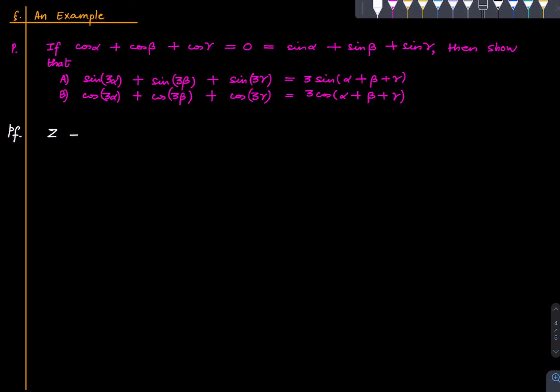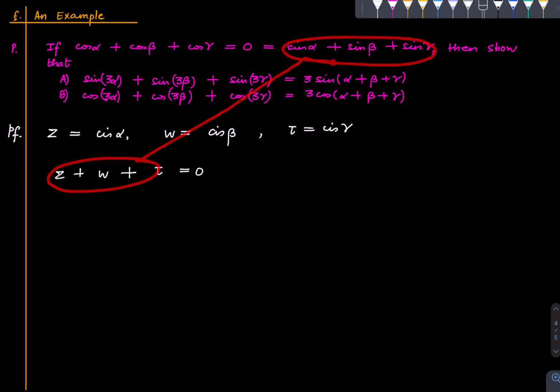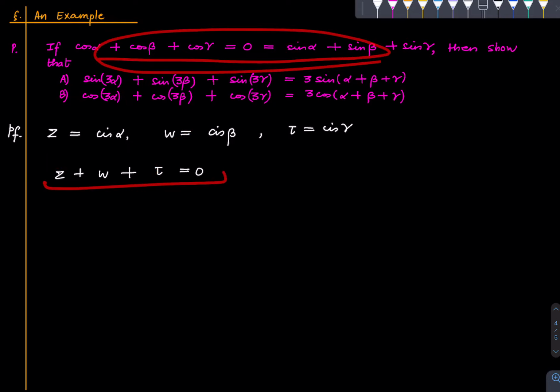So define z as cis alpha, w as cis beta, and tau as cis gamma. And the hypothesis says precisely that this is 0. Why is that? Because the real part of this guy is this, and the imaginary part of this guy is that. So via this equation, we deduce this.